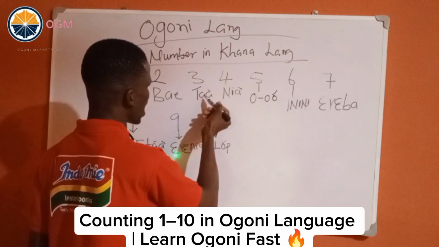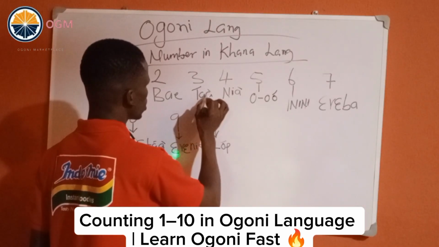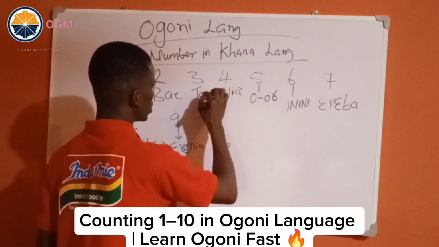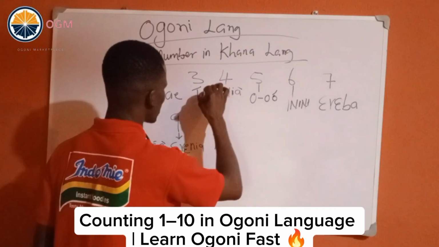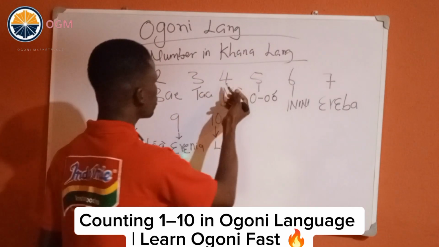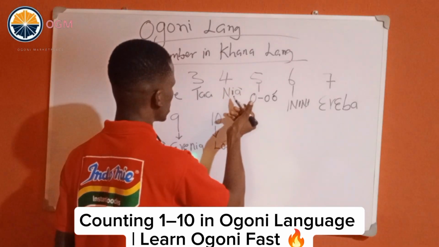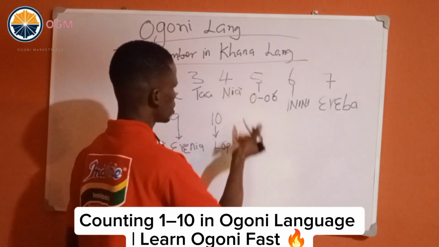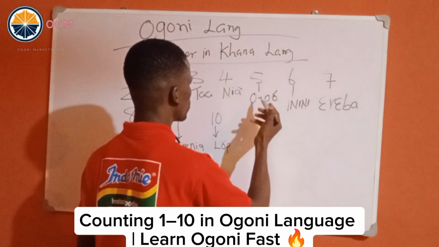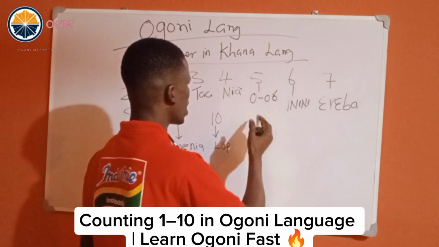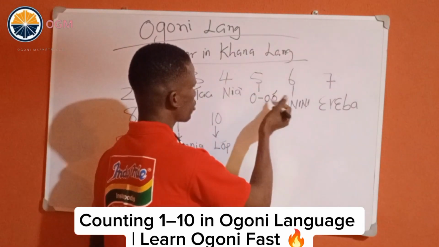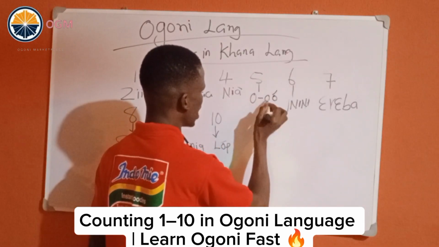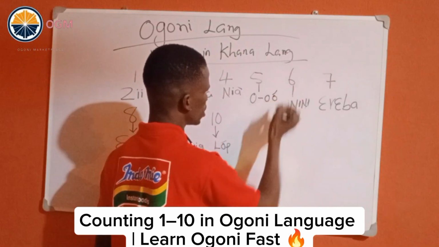It's pronounced as ta in Ogoni, T-double-A, with a hyphen on the A to make it ta. We have near, which is 4. It's spelled as N-I-A, with a hyphen on the A. We have 5, which is pronounced as O-O, with a hyphen on the O.